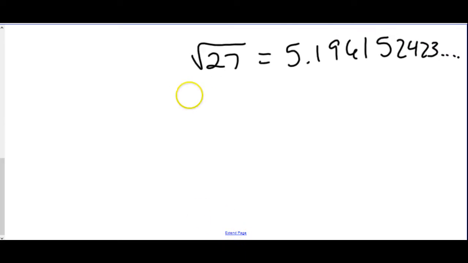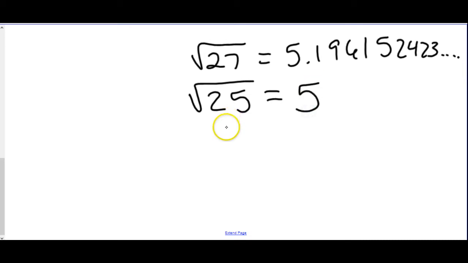But if I were to do square root of 25, we would think, hey, that's the square root symbol, this is irrational. But when I plug in square root of 25 into a calculator, it comes out as 5. 25 is called a perfect square because when you square root it, you get an integer or a whole number or a natural number. It fits in all those categories.